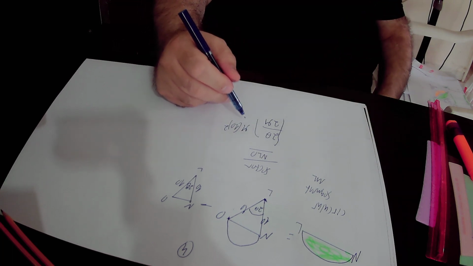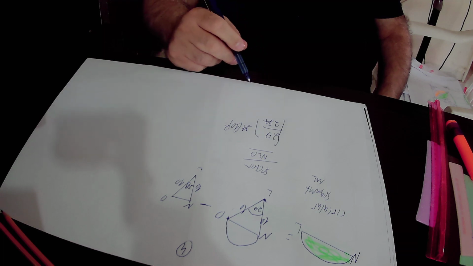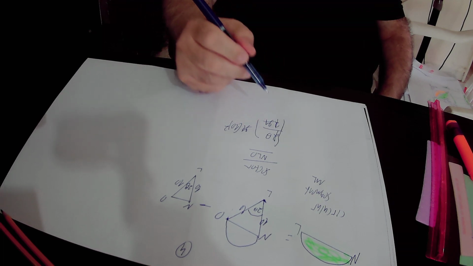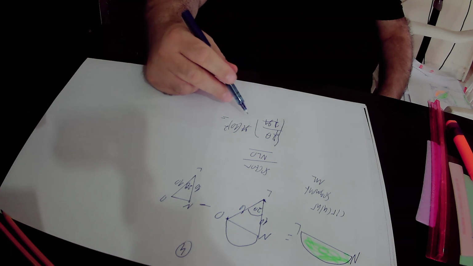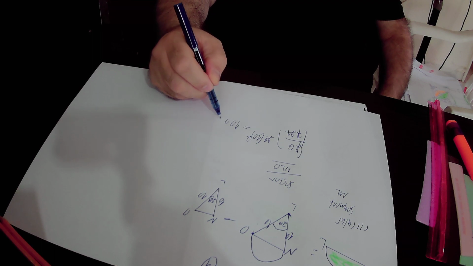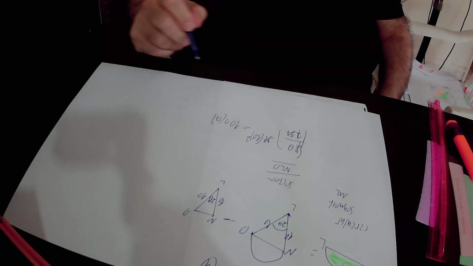Here we have pi in the numerator and pi in the denominator, so pi will get cancelled. We have 2 in the numerator and 2 in the denominator, so 2 also will get cancelled. So this expression equals 10 squared is 100 times theta. 100 theta.